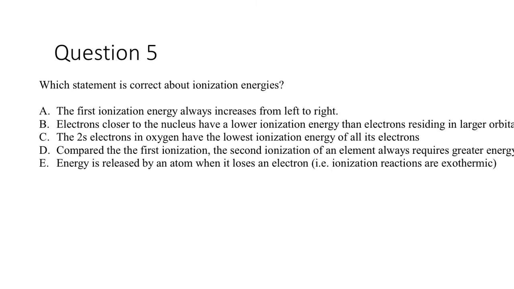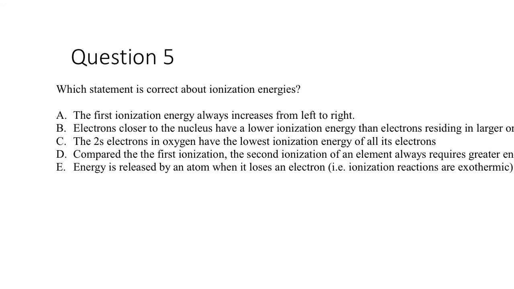Question 5. Which statement is correct? The first ionization energy always increases left to right. So if you think of the left to right trend, lithium, beryllium, boron, carbon, nitrogen, oxygen, fluorine, neon.